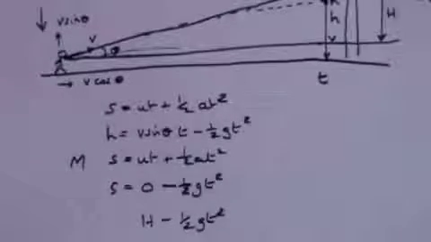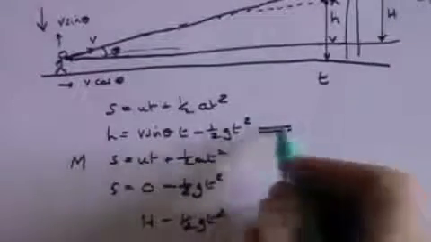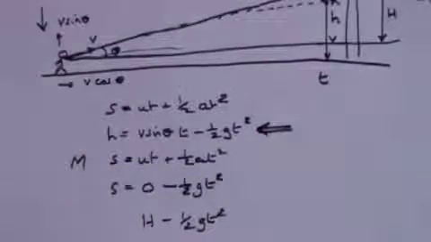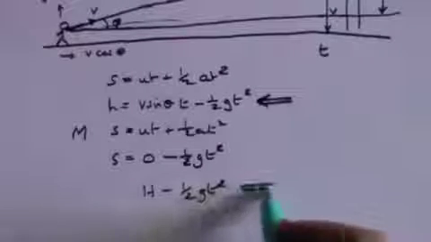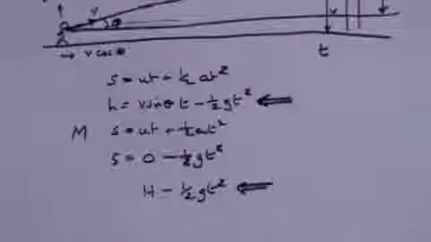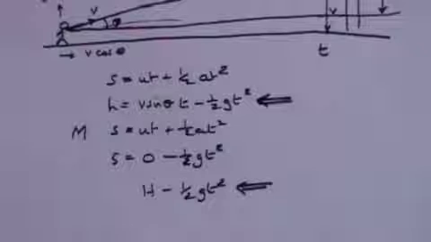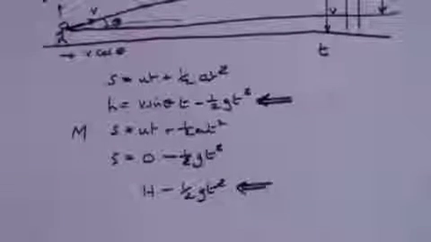So let's remind ourselves where we've got to. The bullet is at a height v sine theta t minus half gt squared, and the monkey is at a height capital H minus a half gt squared. Are they the same height? If they are, the poor monkey has been shot.